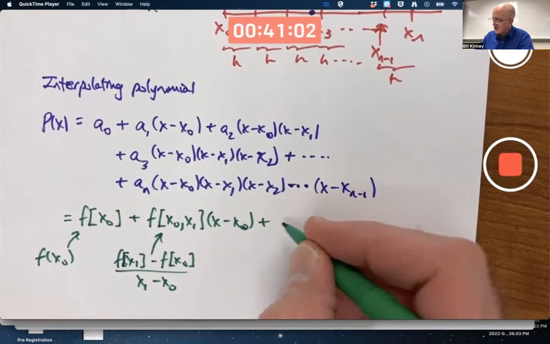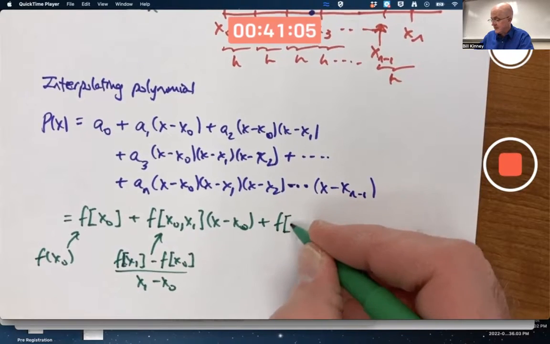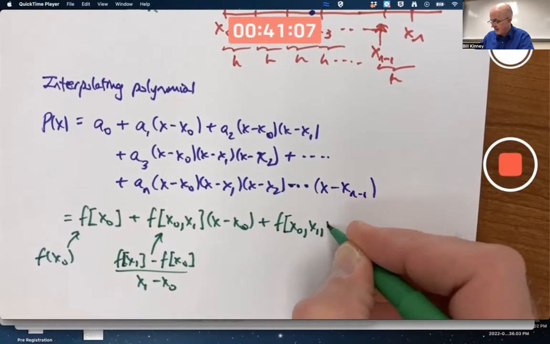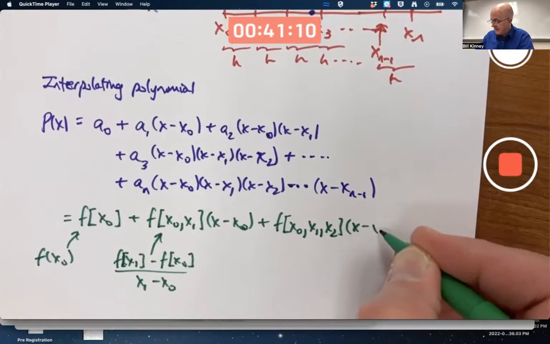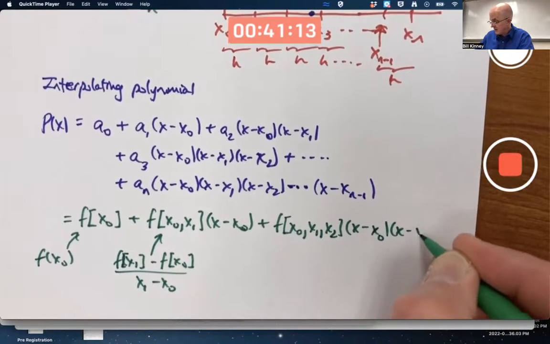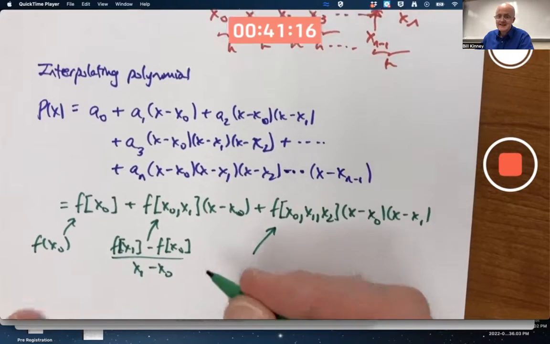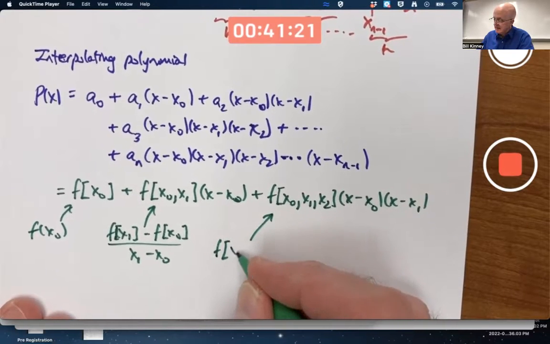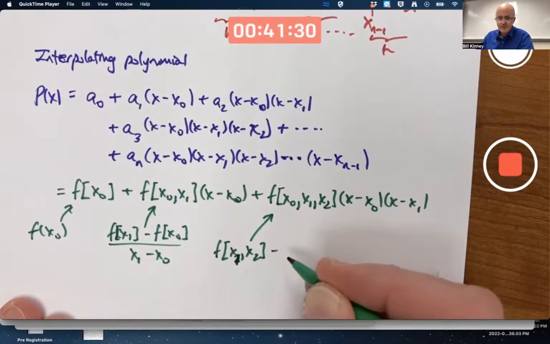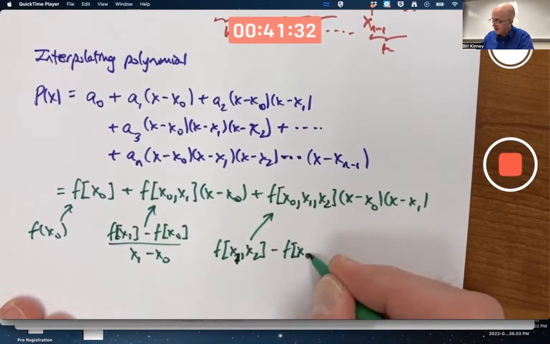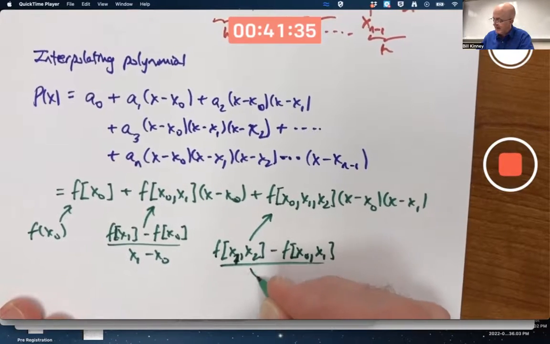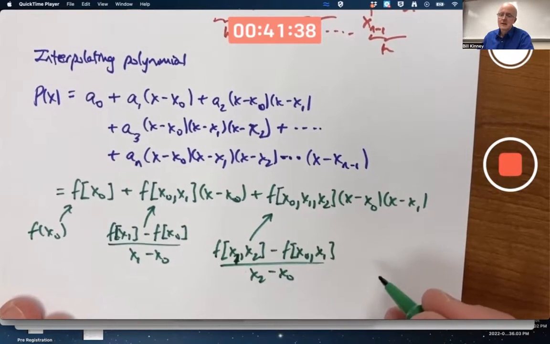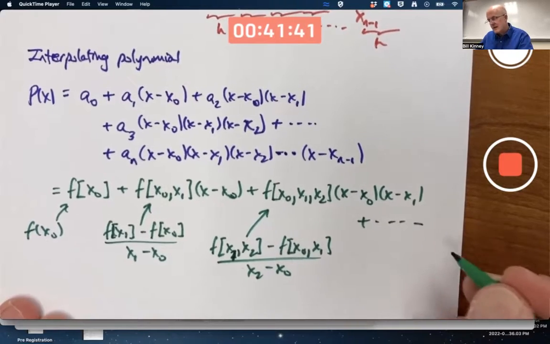The next coefficient, the a2, was a second divided difference. And it's here that the iterative recursive nature of what's going on is apparent. That's a divided difference of first divided differences. It's this, let's see, f[x1, x2] minus f[x0, x1], all divided by x2 minus x0. The pattern continues until the last term.